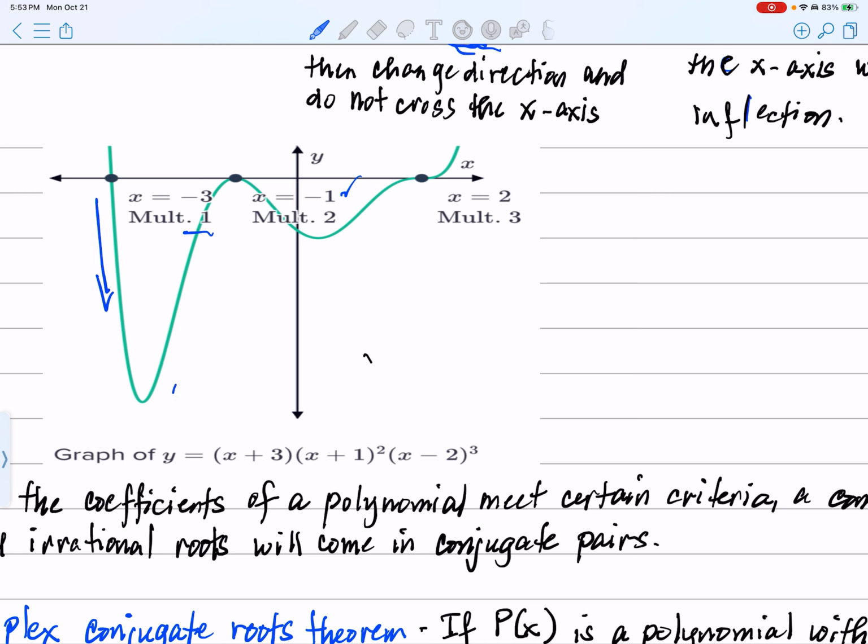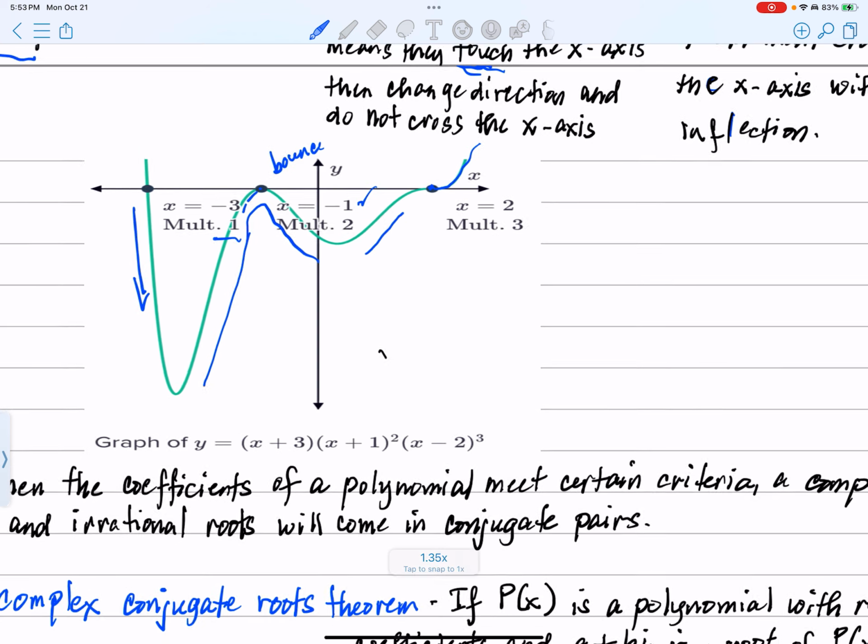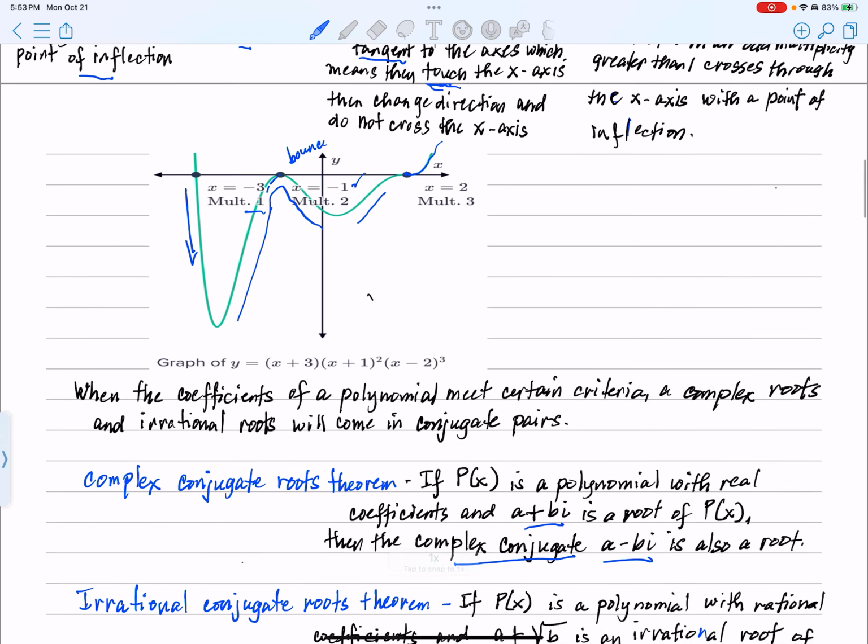And then multiplicity of 2, look, it just touches. Then it bounces or turns. And then multiplicity of 3, it passes and goes to the other direction, crossing the x-axis. That is how it looks. We'll do more on that later.